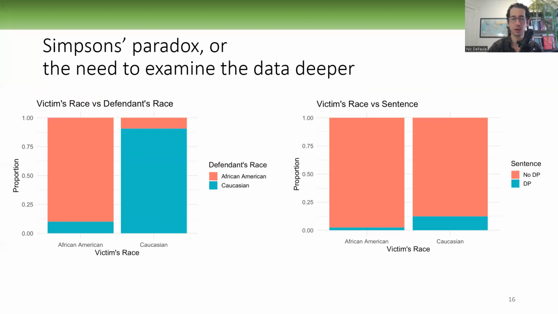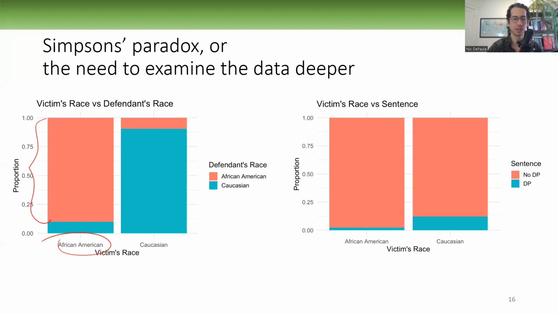And to understand this further, if we break down victims' races versus defendants' race and graph that, we'll see that if the victim's race is African American, usually the defendant's race is also African American. Right here, it's much larger.